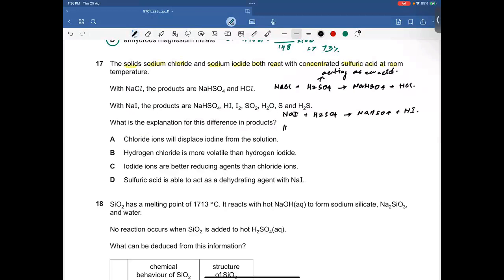Now this hydrogen iodide is again reacting with H2SO4, converting into H2S plus sulfur plus water plus I2. Okay. So in this, it is acting as an acid. In this reaction, it is acting as an oxidizing agent. So in this scenario, it is acting both as an oxidizing agent and as an acid. Okay, that's what we have done in the class.